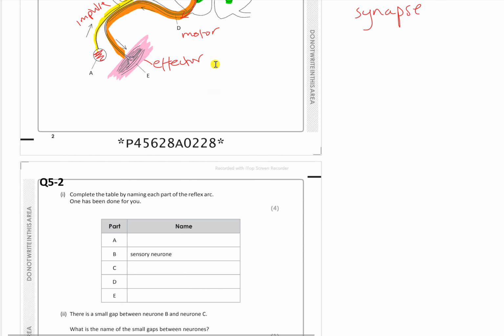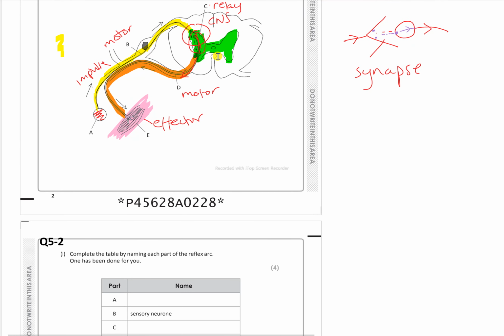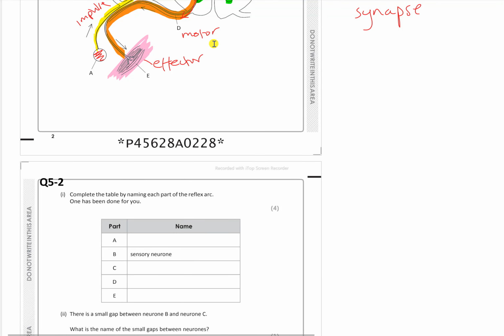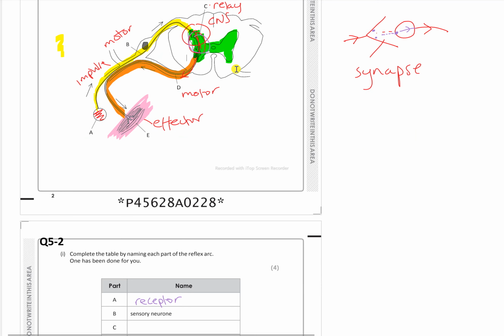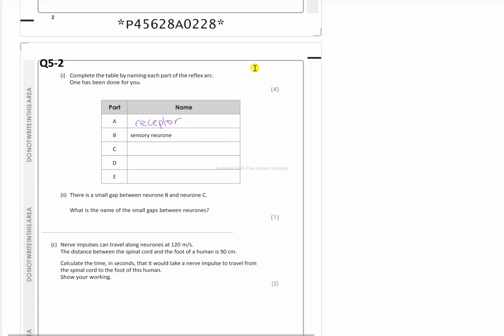Part A. That is the receptor cells. You've got your sensory neuron, then you've got your relay neuron here, and then it goes on to the motor neuron, and then the muscle at the end is the effector, or muscle.